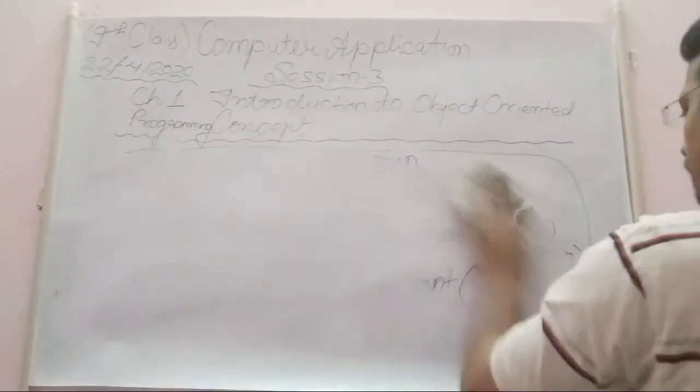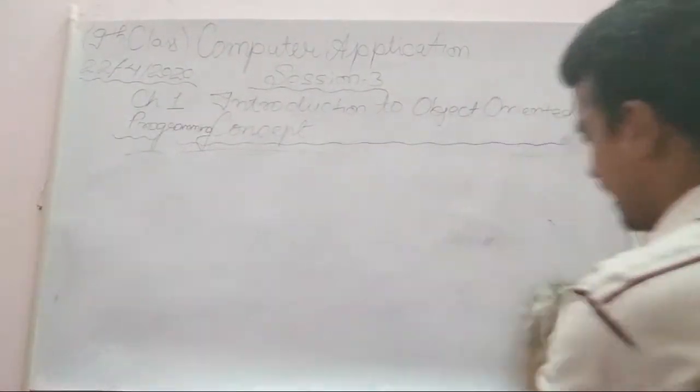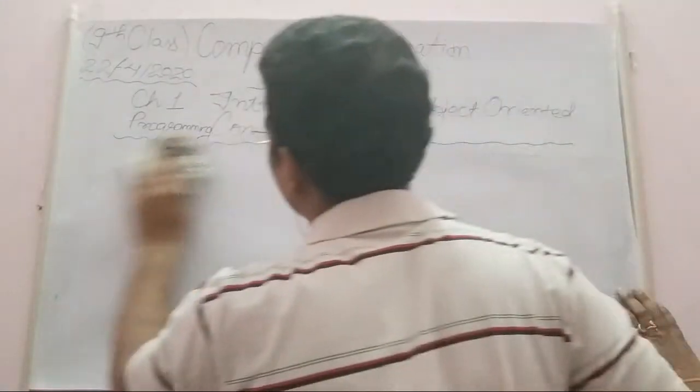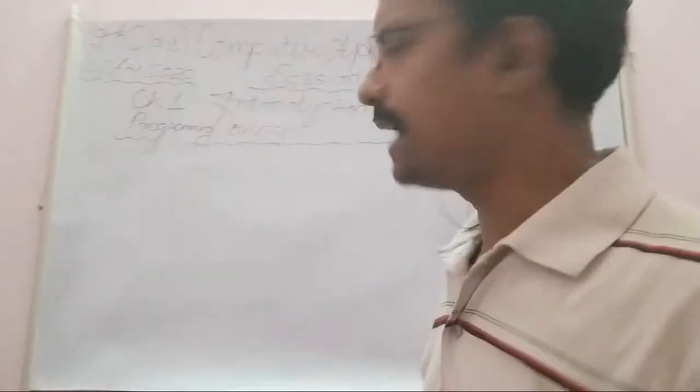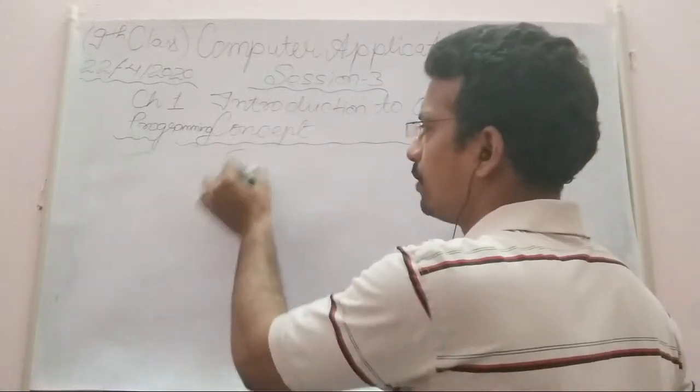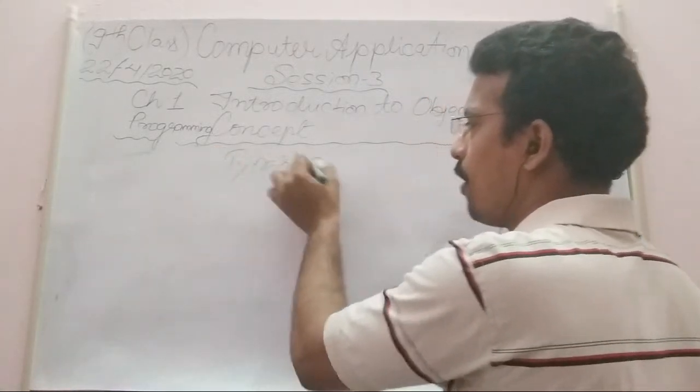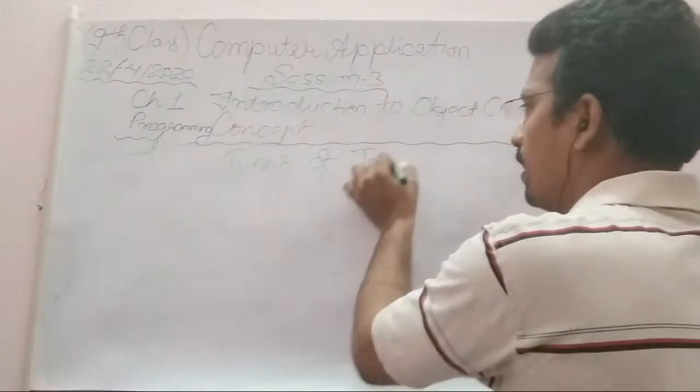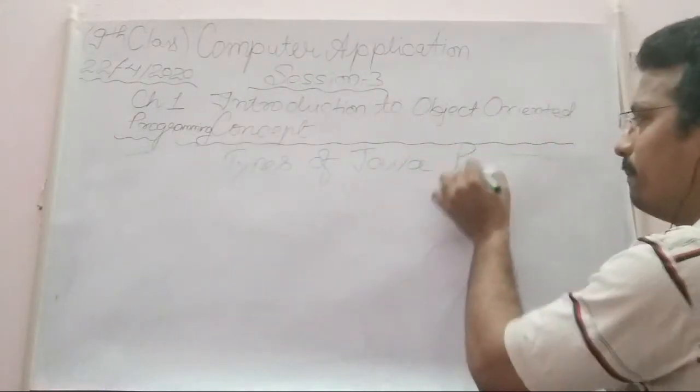So what we have covered just now is the types of Java program. You can write as heading: types of Java program.